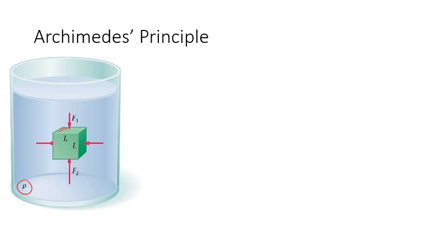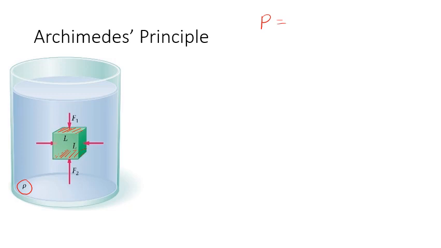The top area of this cube experiences a force F1, and in the same way, the bottom area experiences a force F2. We can calculate these F1 and F2 forces using the relation for pressure.